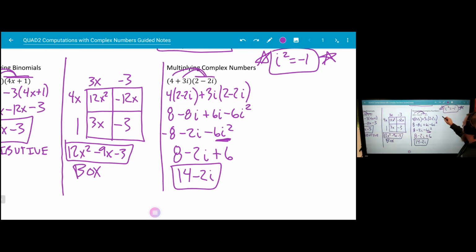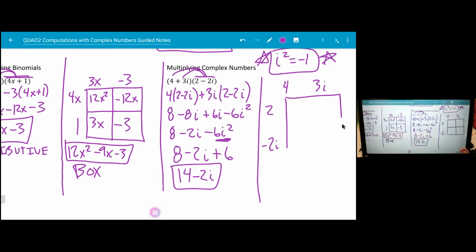Okay, let's go ahead and do the box method also. 4 positive 3i, 2 negative 2i. Let's build our box right in here. Going to do some multiplying. 4 times 2 is 8, which is good because I've already seen that 8 over there. 3i times 2 is 6i.